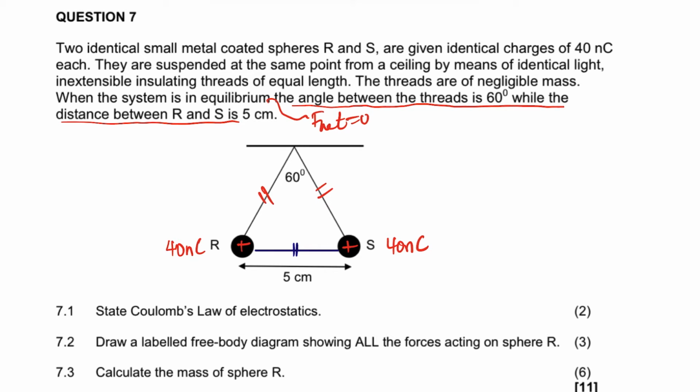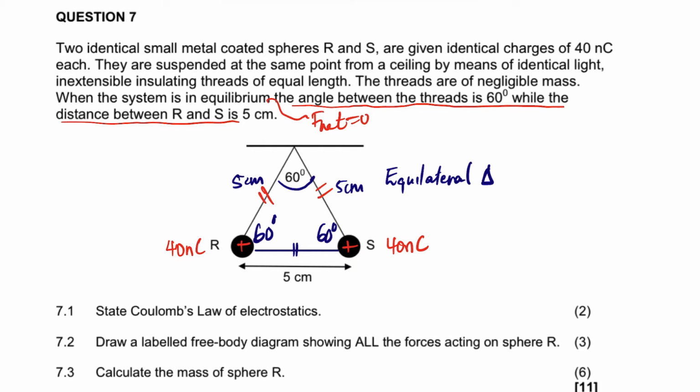If this side is 5 and those sides are 5 and 5, and the angles are such that if this angle is 60, this one is 60 and this one is 60, then it's not an isosceles triangle, it's an equilateral triangle. All sides are equal and all angles are equal. The isosceles triangle is where only two sides are equal, right?